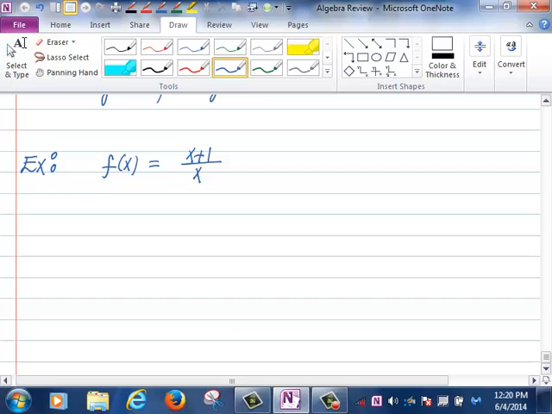So the question is: find the horizontal asymptotes for f. How do we find them? Well, we just find the limit as x goes to infinity of x plus 1 over x. What is that limit?